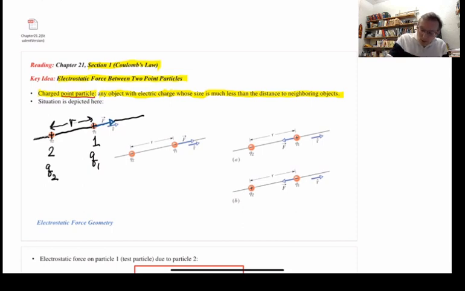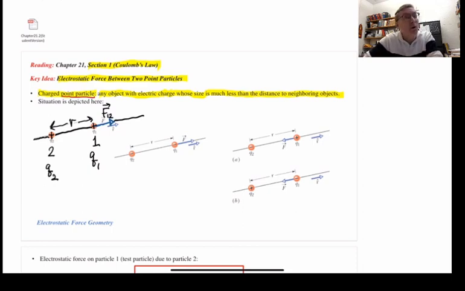Okay? And we're going to denote that force F12, force on 1 due to 2. Now, is there a force on 2 due to 1? I think so.